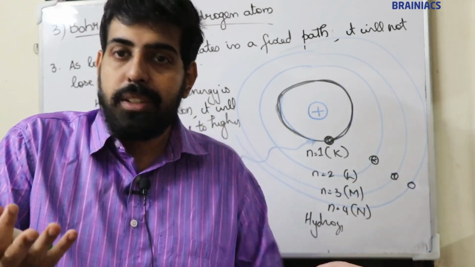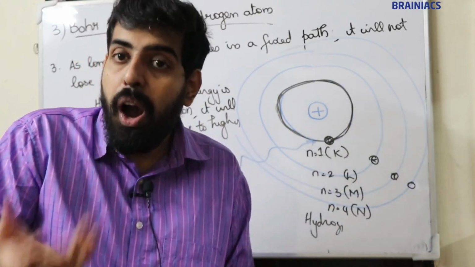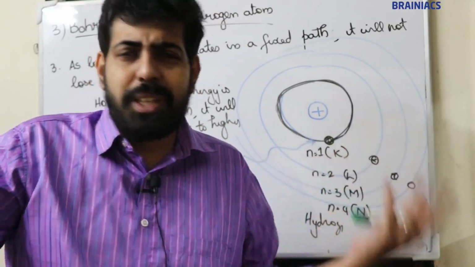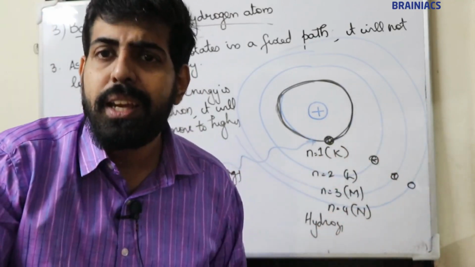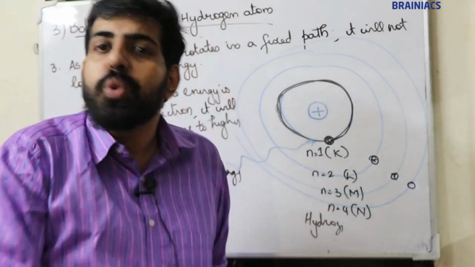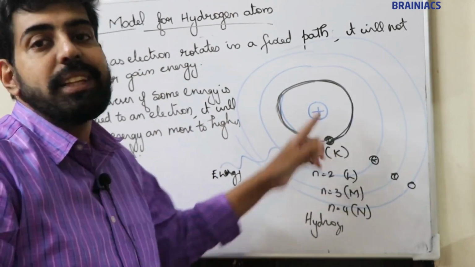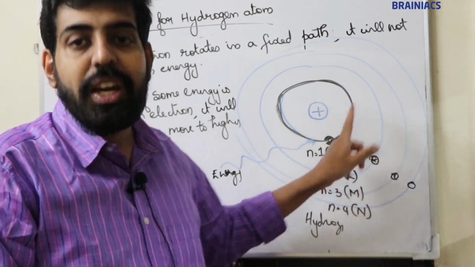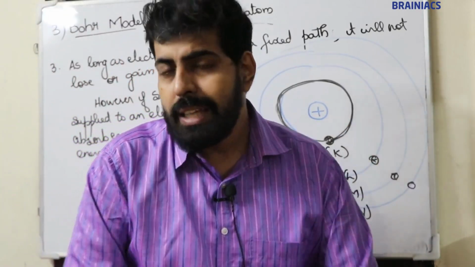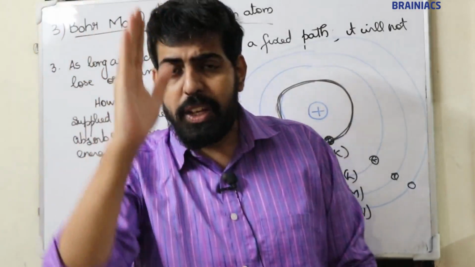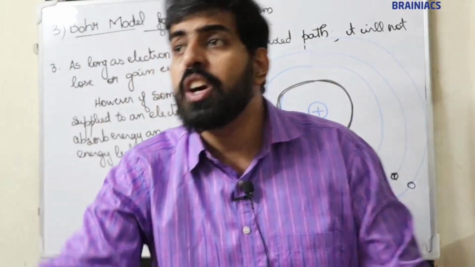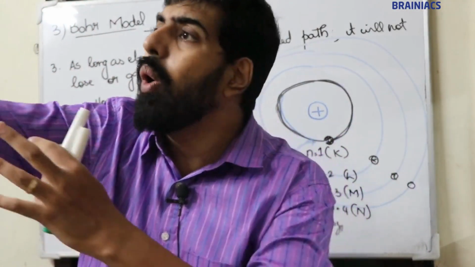But if somehow you got money, then you can go to Goa. Same way, if some energy is supplied, then that electron will absorb that energy and move to a higher energy level. I think it's clear. So an electron revolving in a fixed path will not lose or gain energy.